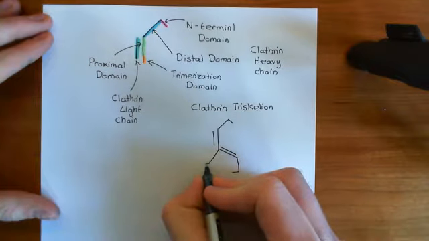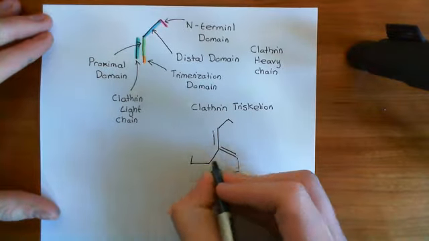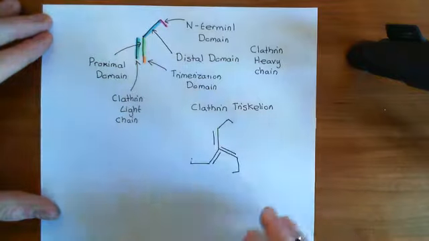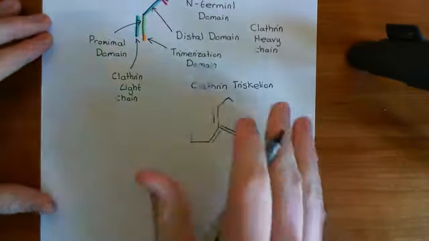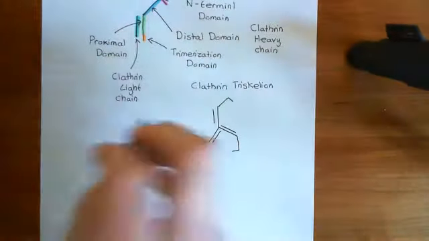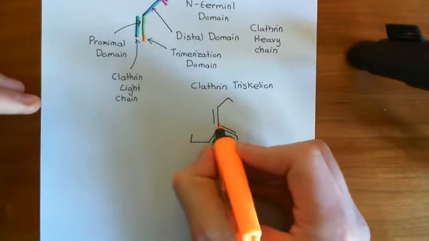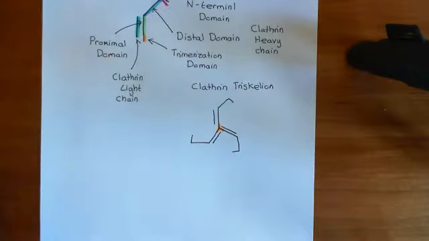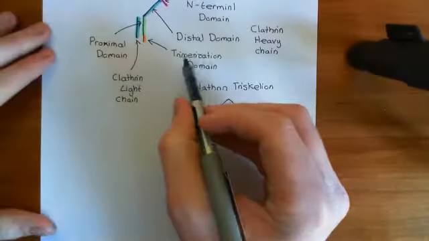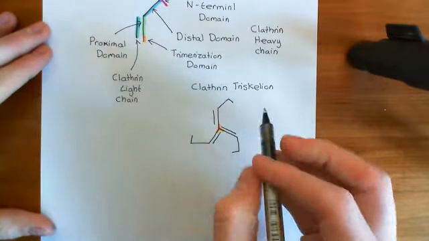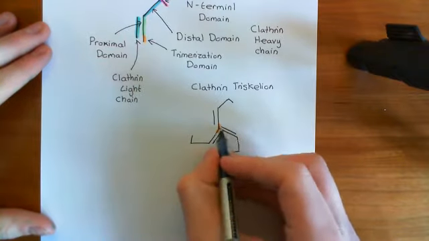Then another clathrin heavy chain here, which will again have a clathrin light chain associated with it. So this is the structure of a clathrin triskelion, and 3 clathrin molecules have been bound together via the trimerization domain of these clathrin heavy chains here.